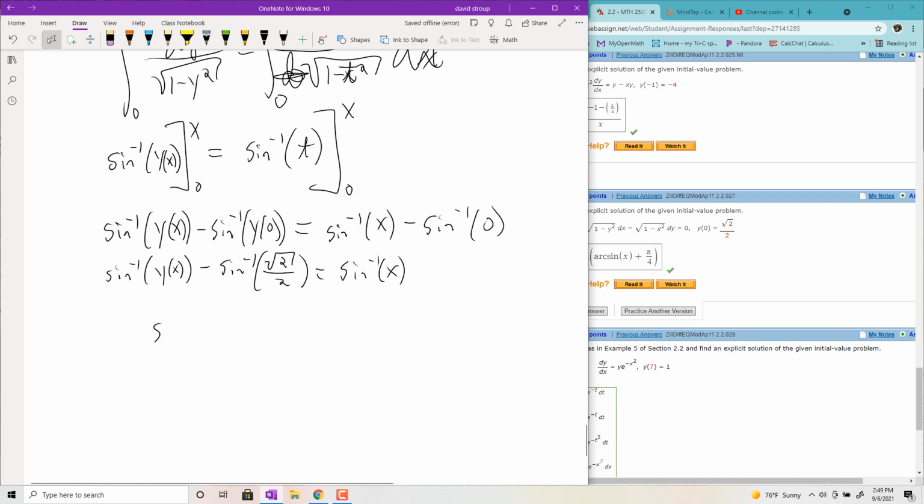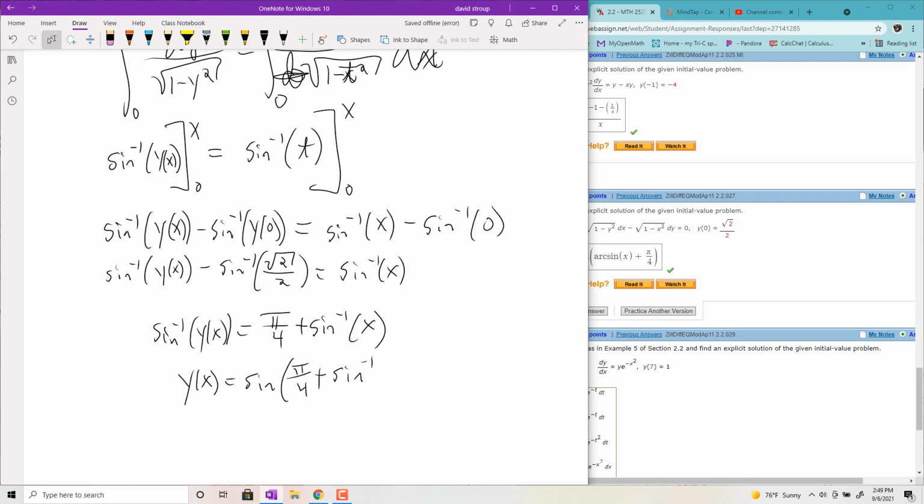So we have sine inverse of y of x equals sine inverse of root 2 over 2, which is going to be pi over 4. And then if I add that to the other side, I get pi over 4 plus sine inverse of x. And then just take sine on both sides to get rid of the sine inverse and get y of x equals sine of pi over 4 plus sine inverse of x.